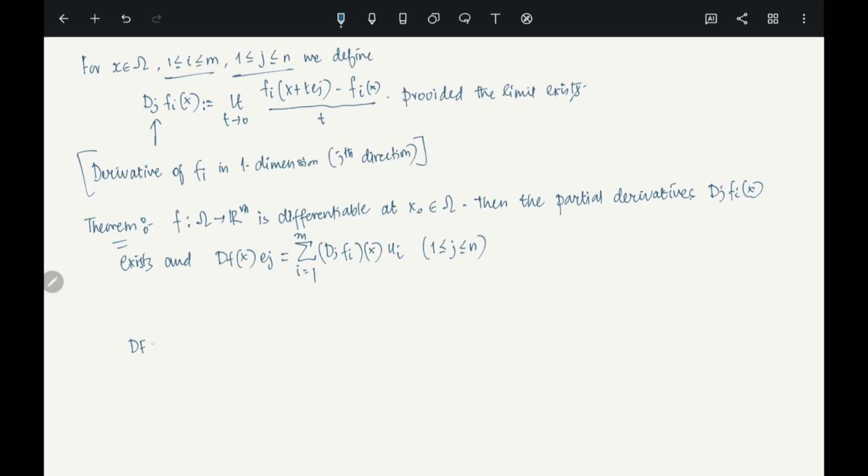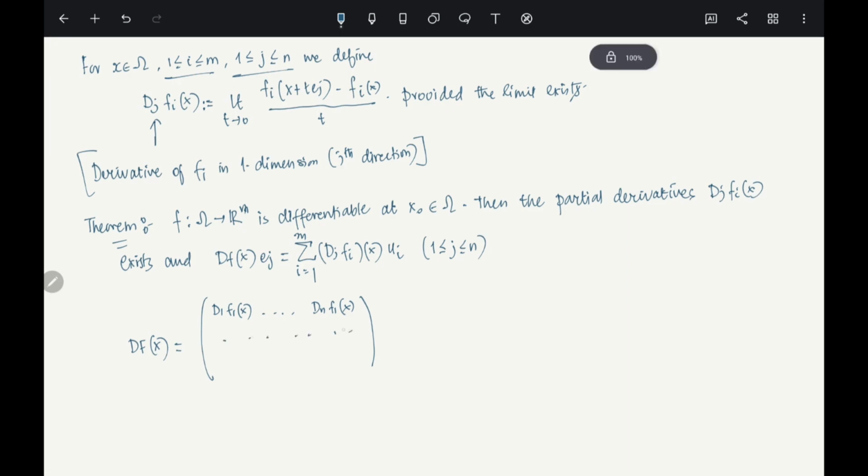Essentially, if you write down df at the point x, the first row is d1 f1 at the point x up to dn f1, the partial derivative with respect to xn, so all the derivatives of the first component.